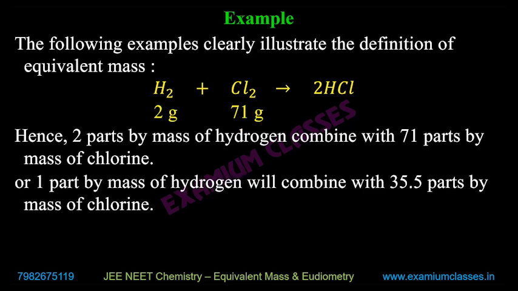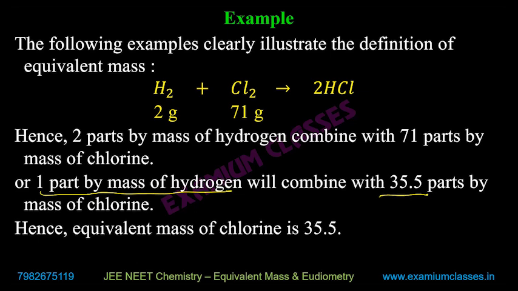Or 1 part by mass of hydrogen will combine with 35.5 parts by mass of chlorine. So in this case, the equivalent mass of chlorine is 35.5. So see here we are comparing even chlorine with hydrogen. However, chlorine is also under the definition.